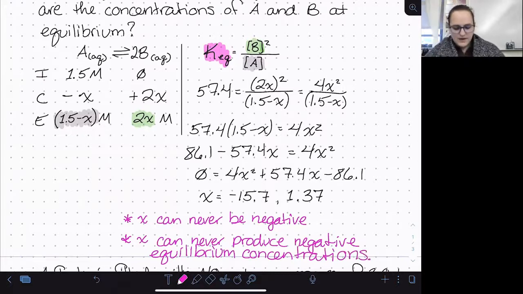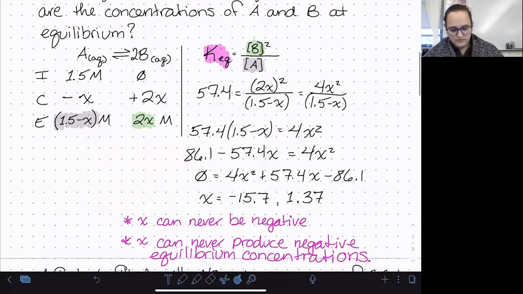What I mean by the second one is if you take your value of X and plug it back into your table, you can't come up with a negative answer. Negative concentrations are impossible because we can't have negative moles, we can't have negative molecules. So the results we get here have to be positive, and X itself should be positive as well.